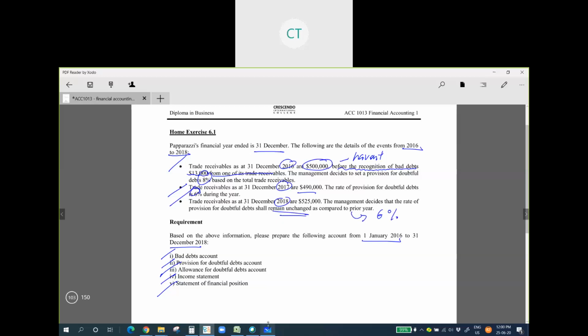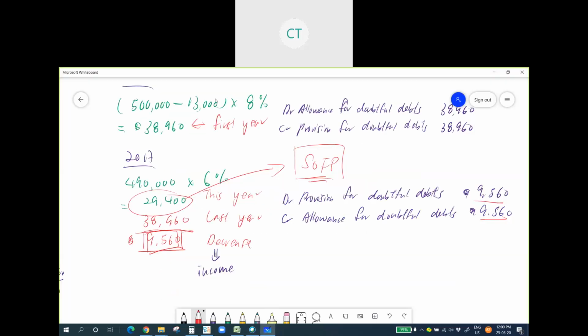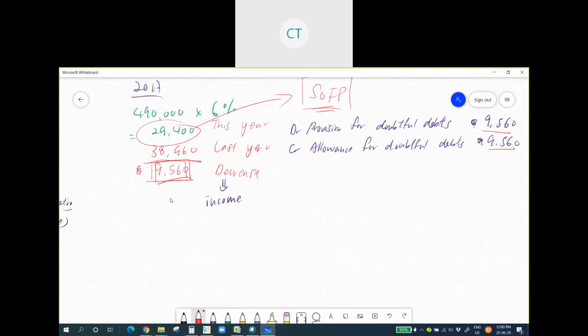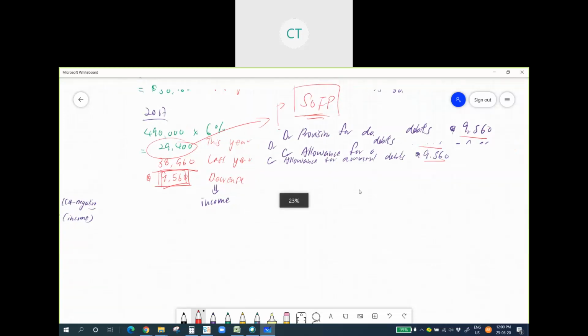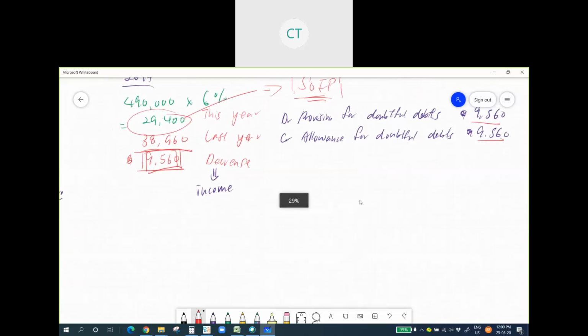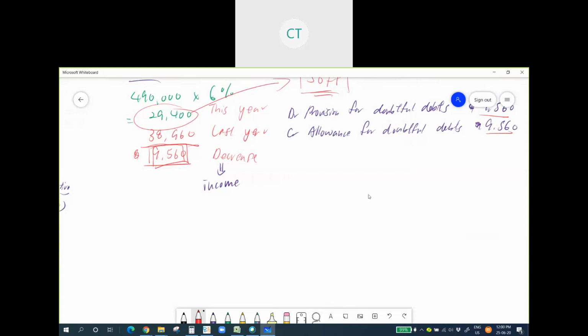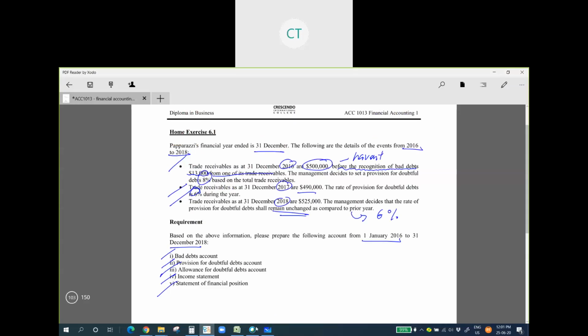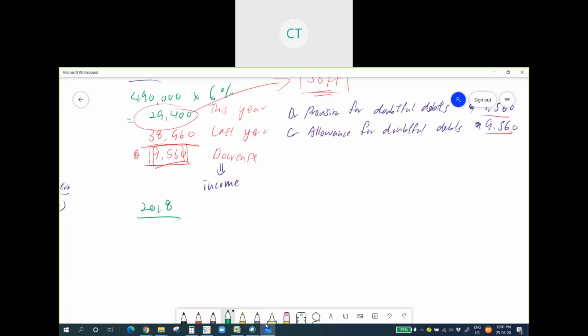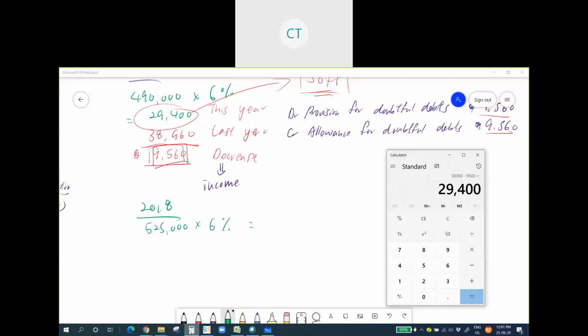So for 2018, what is the receivable amount? 525. So 525 times 6%. How much do we get? 31500.